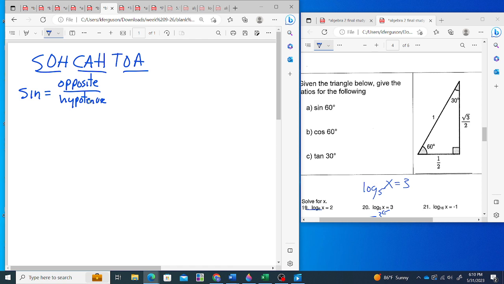I think I spelled that wrong. Hypotenuse? Maybe not. Okay. And then cosine equals adjacent over hypotenuse. And then tangent equals opposite over adjacent.